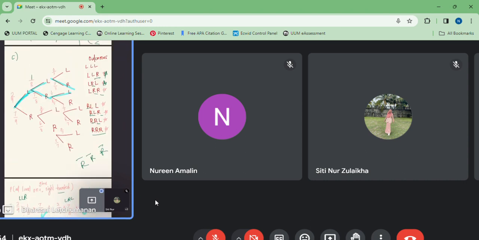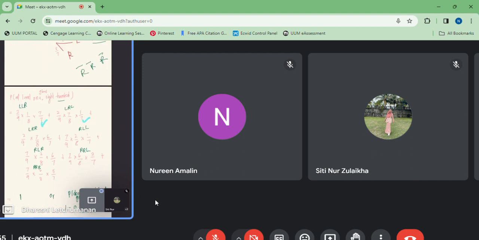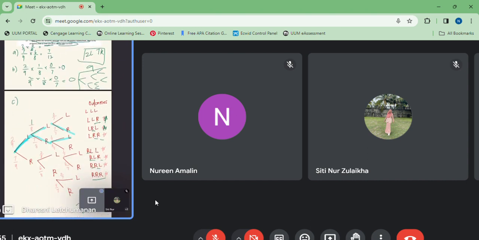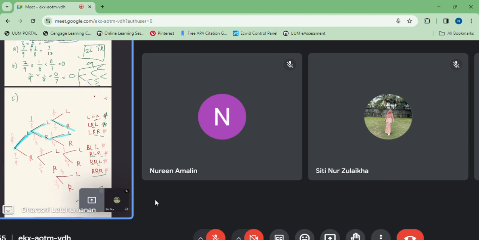So same only, since there are 1, 2, 3, 4, 5, 6, 7, 1, 2, 3, 4, 5, 6, 7, you'll get 1. Why 1? Because this left outcome is actually 0, because the probability of us choosing 3 left-handed gloves is 0, because we only have two left-handed gloves.